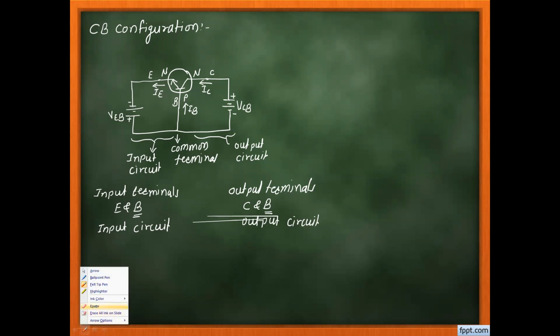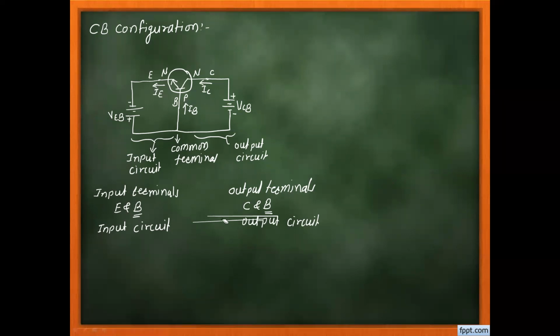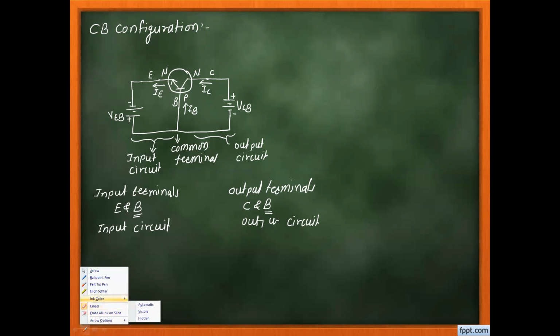Now if I want to see the input-output characteristics of a common base configuration, the input characteristics are always drawn between the input circuit voltage and input circuit current, and the output characteristics are always drawn between the output circuit voltage and output circuit current.